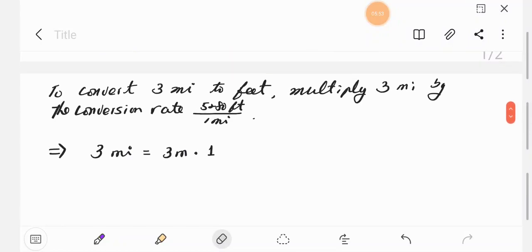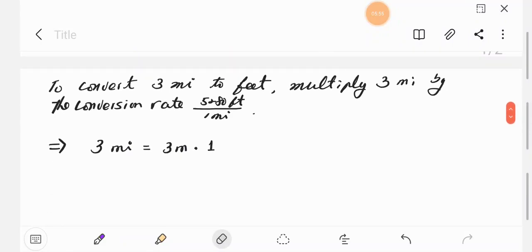So let's look at this. I want to convert 3 miles to feet. Write 3 miles, and the conversion rate is either 5280 feet over 1 mile, since 1 mile is equal to 5280 feet, or you can write it as a fraction like this.